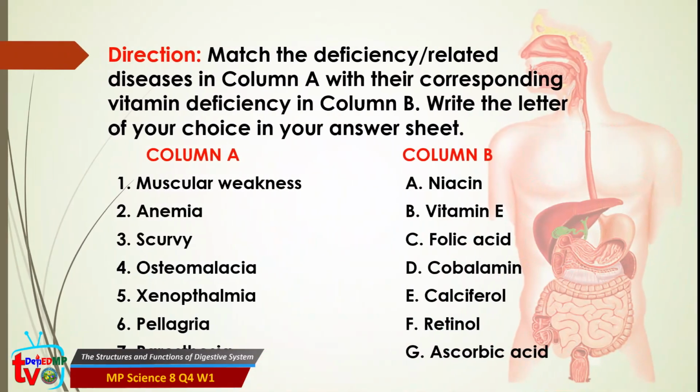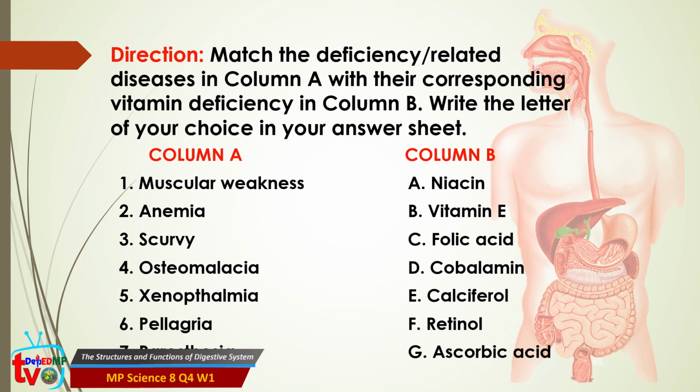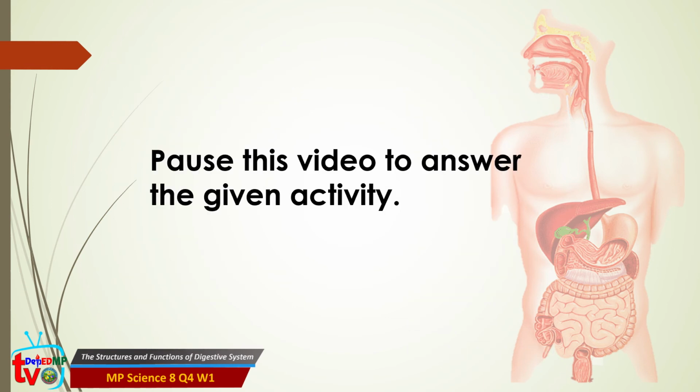After, do the matching type test. Here is the direction. Match the deficiency-related diseases in column A with their corresponding vitamin deficiency in column B. Write the letter of your choice in your answer sheet. Pause this video to answer the given activity.